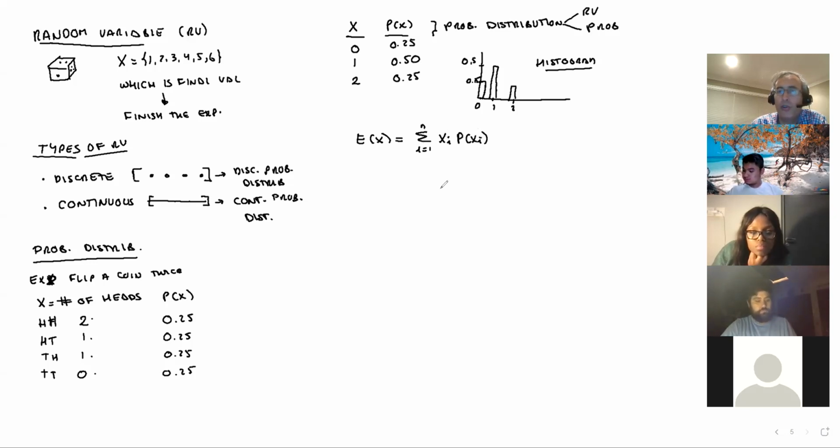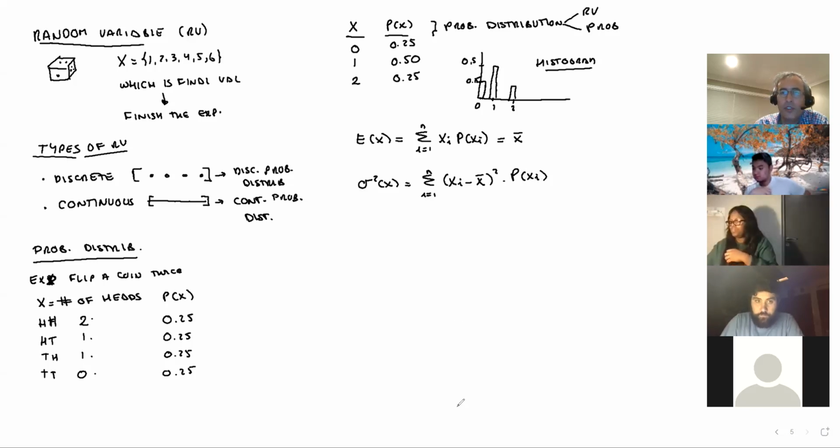So let me write first the formulas, and then we do this together. And then we have the variance of x, that is the sum from i equal 1 to n of xi minus, I will call this one x bar, the mean, squared, times p of xi. So these two formulas are going to be extremely useful for understanding what we're doing, guys.